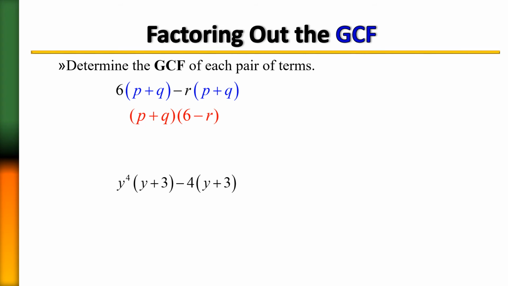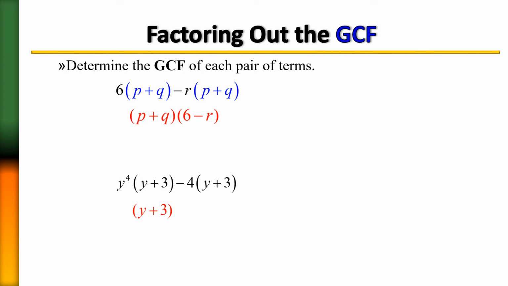Now, take a look at the second example. I want you to spy it. I spy another GCF, something that both terms have in common. Do you see it? What is it? Well, if you said y plus 3, then that is correct, because the first group had a y plus 3, and the second pair of terms also had a y plus 3.